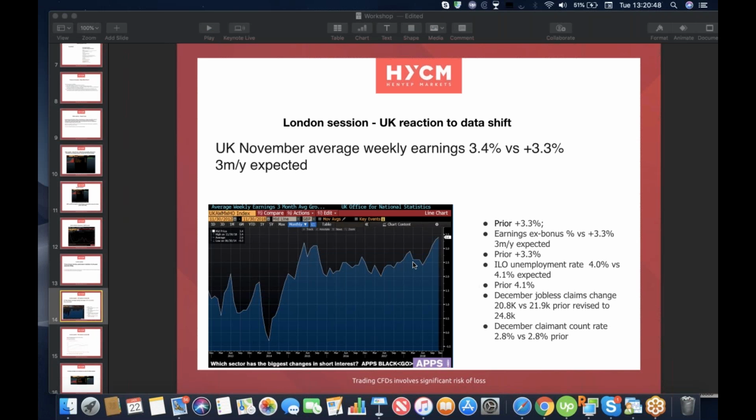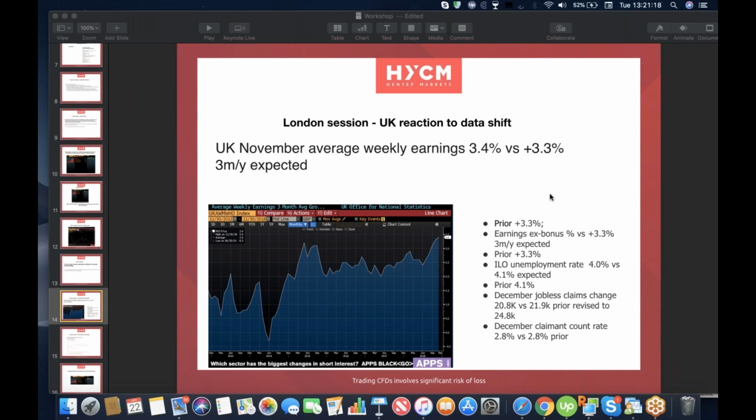Now, the reaction to this data was very good. The November average weekly earnings came out at 3.4% versus 3.3% expected. So this is a very good result. This is the highest average weekly earnings since around July 2008.